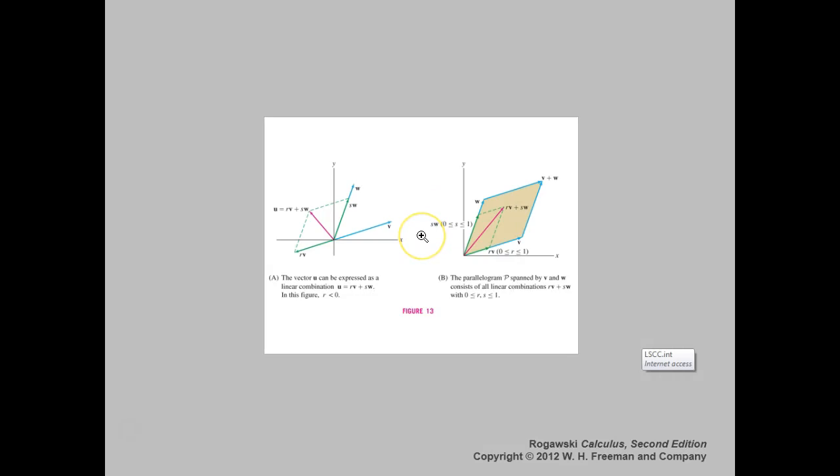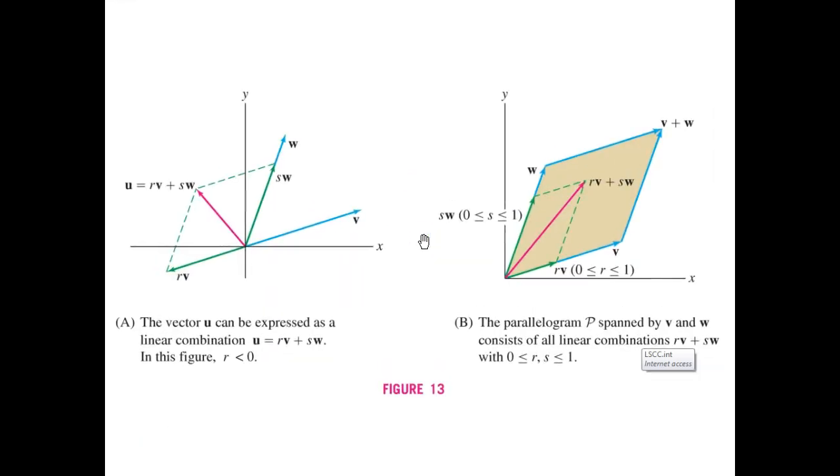Now, this is a figure that's trying to illustrate a couple of things at once, I believe. First, the concept of linear combination of vectors v and w.